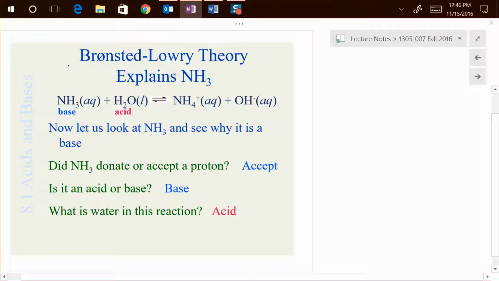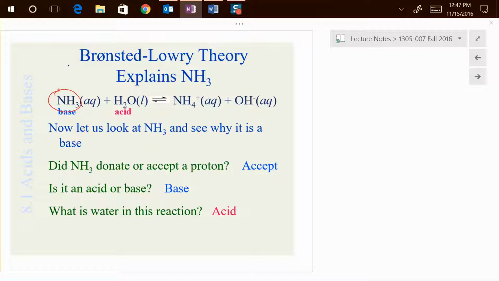Now look at NH3. If I put NH3 in water, it's going to make a basic pH, meaning that there will be hydroxide ion produced, OH minus. How? Well, NH3 is a base, which means it's a proton acceptor. It accepts hydrogen ions. Where did the hydrogen ion come from?